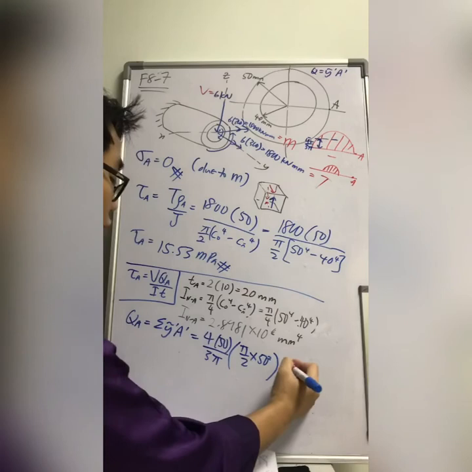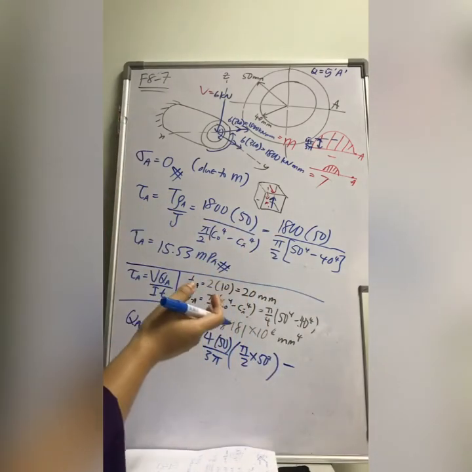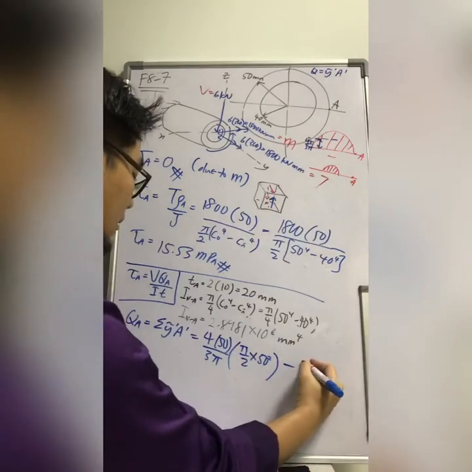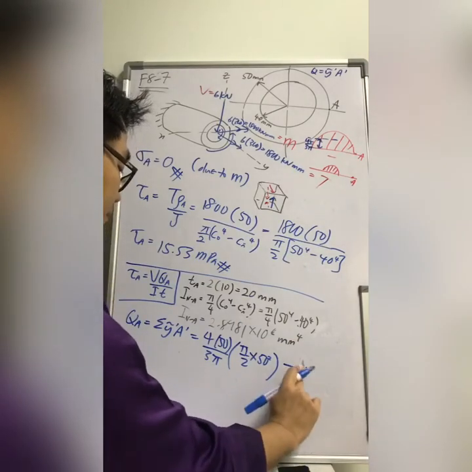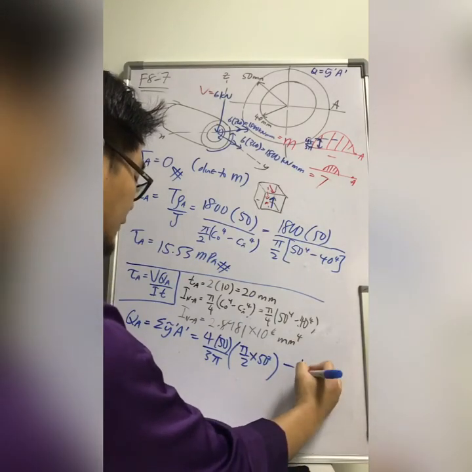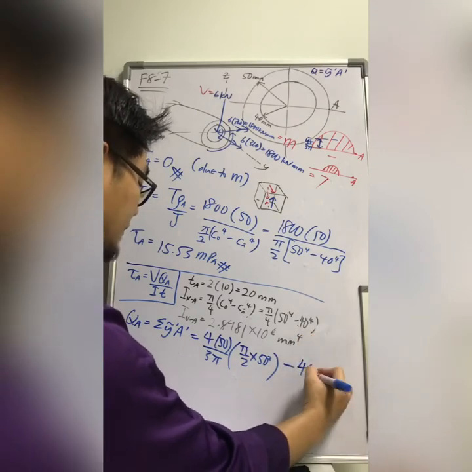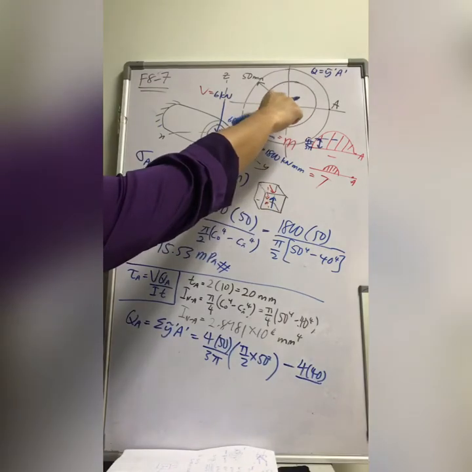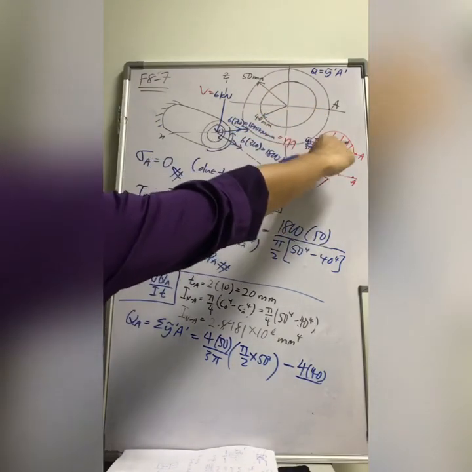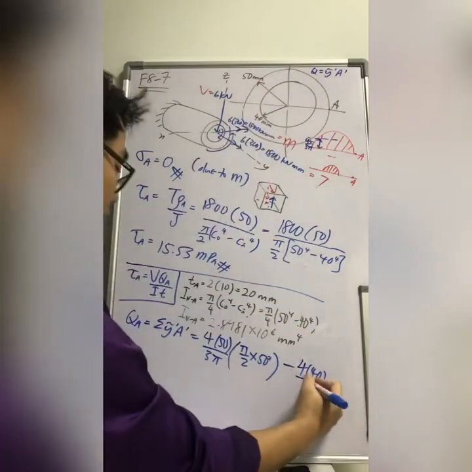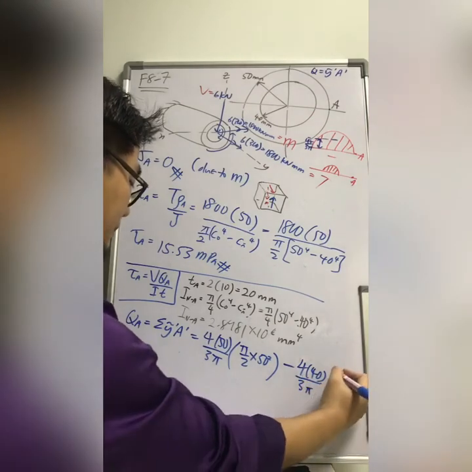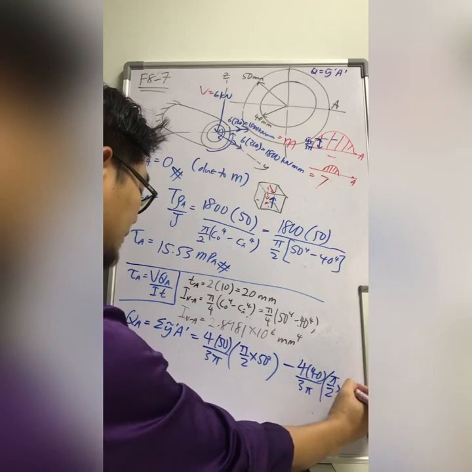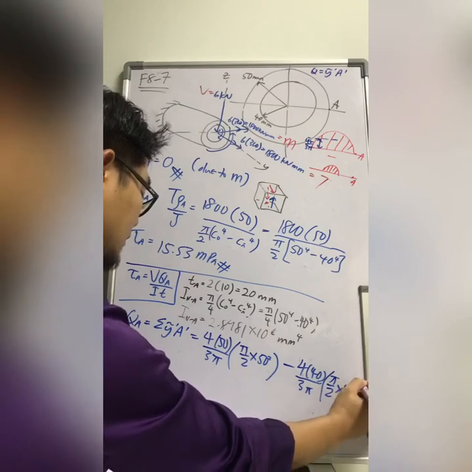And then you plus or you minus, as long as you do it correctly, the second area, the second Q, which is 4 r inner, inside, 40, because it is the inner one, over 3 pi times pi over 2 times 40 squared.